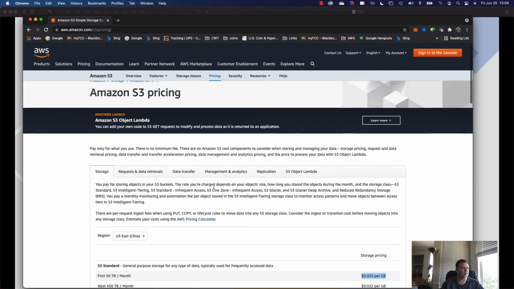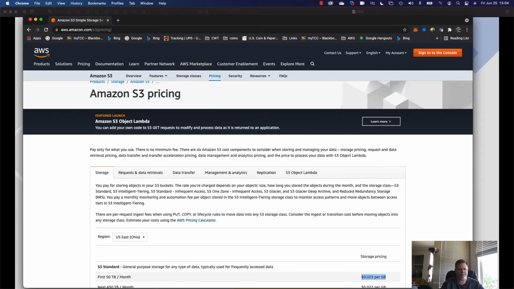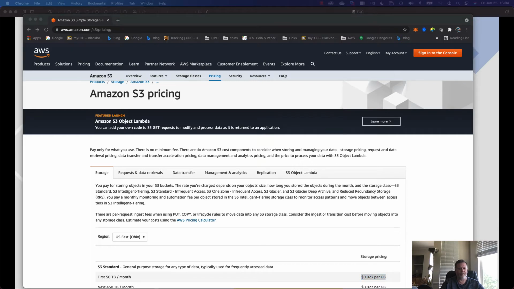So it does add up, and you've got to be very careful with the cloud services and make sure that you're accounting for all costs, right? But the easy thing is the service/pricing.